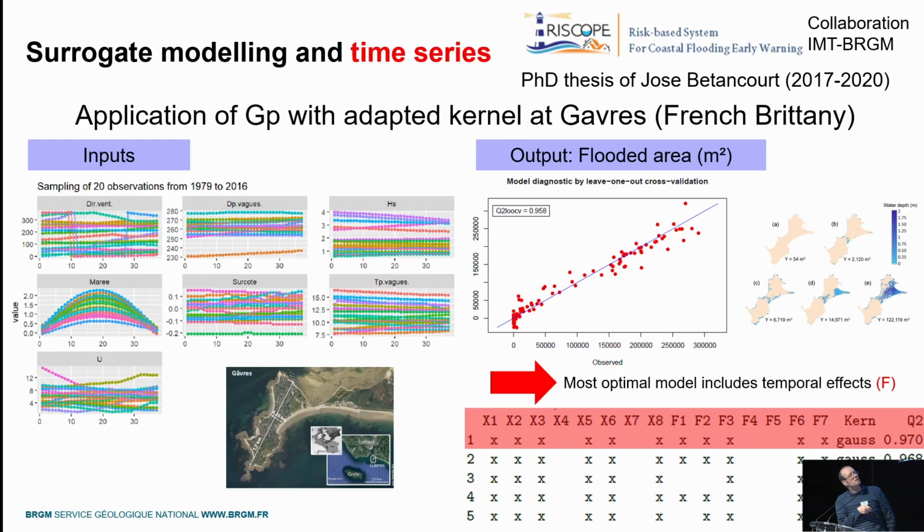And for the top 5 models, which are optimized in the sense of the cross-validation exercise, you see that the functional nature is very important. So that really means that we had to adapt the Gaussian process to this case, and this is really the added value of José's PhD.